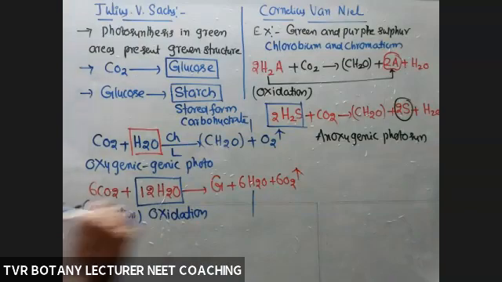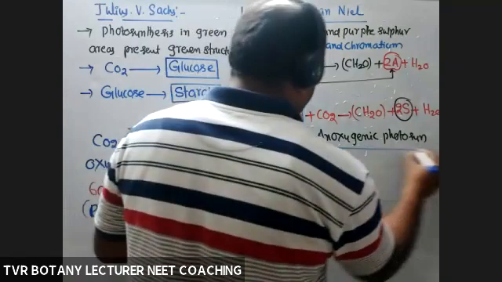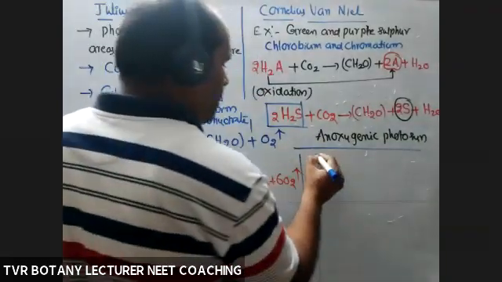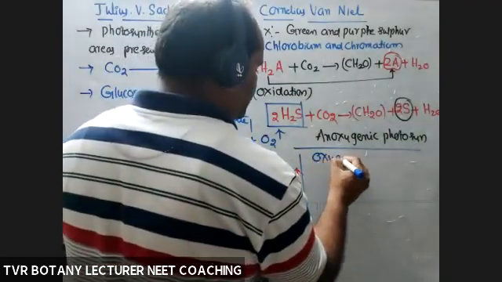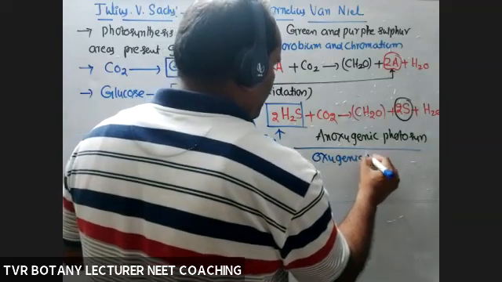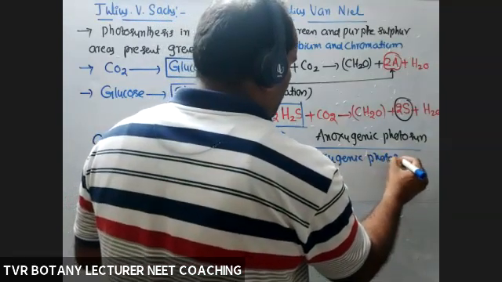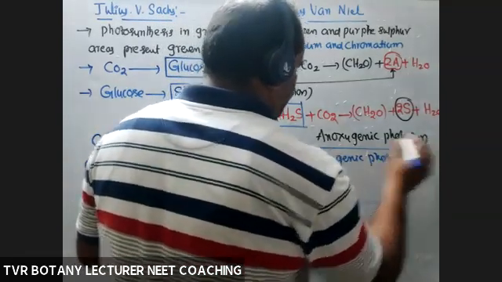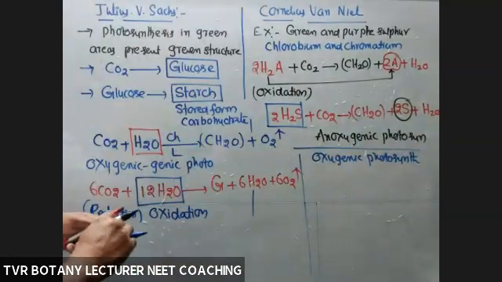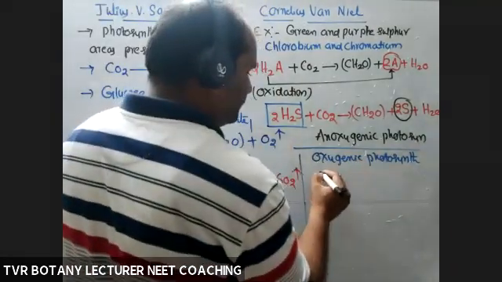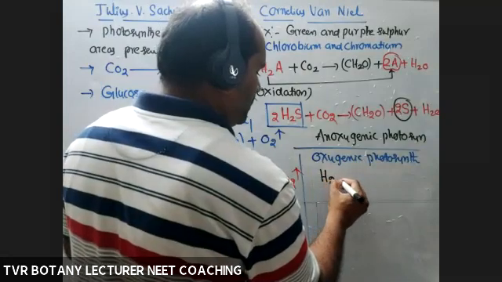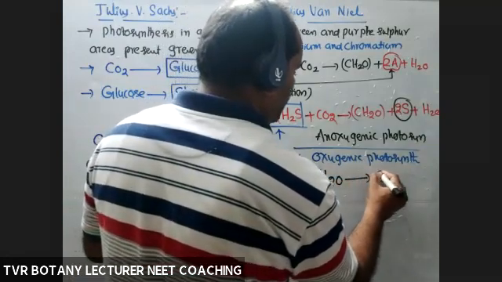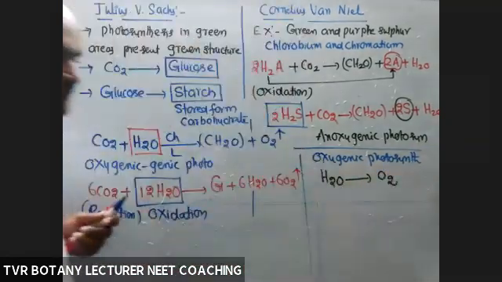Okay, and next conclusion, in the case of oxygenic photosynthesis, according to his observation, O2 was coming from H2O. H2O is responsible for evolution of O2.